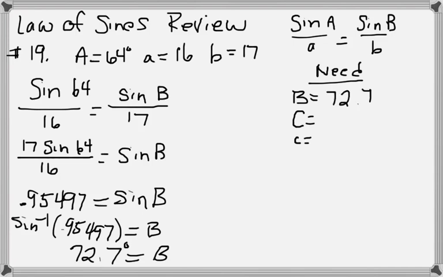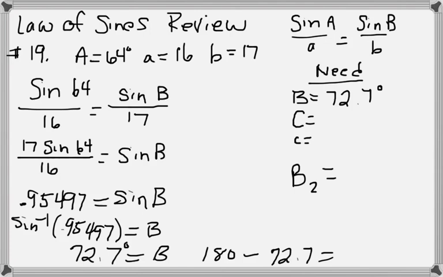The question is, does B2 really exist? So we do this little simple calculation. You take the angle that you just found, angle B, it doesn't matter what letter it is, but the first angle you find, and you subtract it from 180.